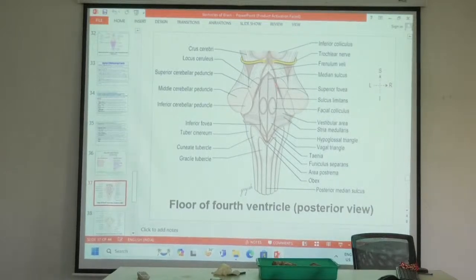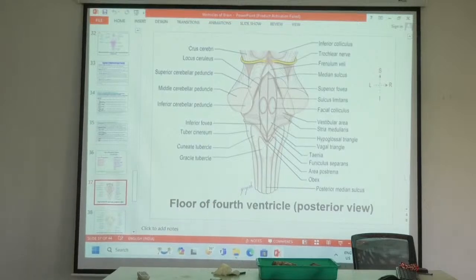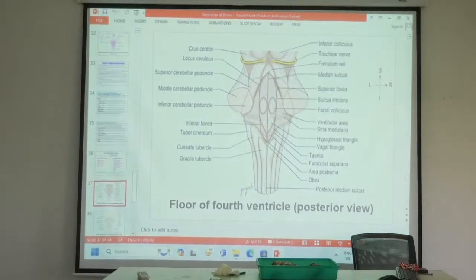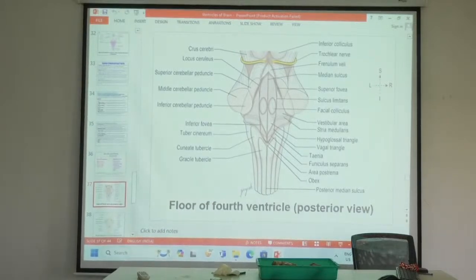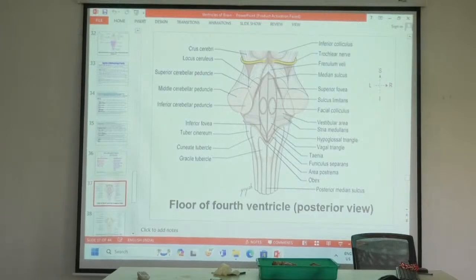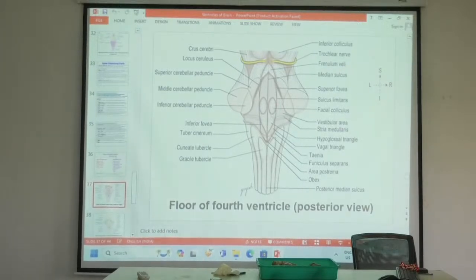Here is the sulcus limitans and here is the median sulcus. And these rounded areas are forming elevations in the upper part. These are the facial colliculi.